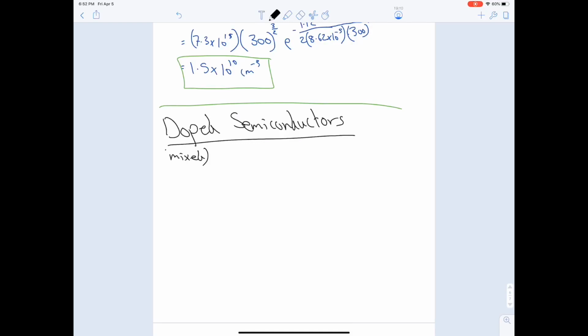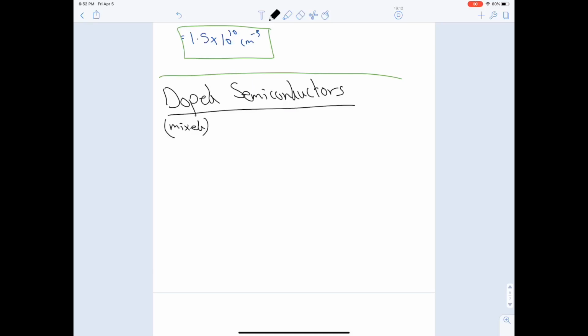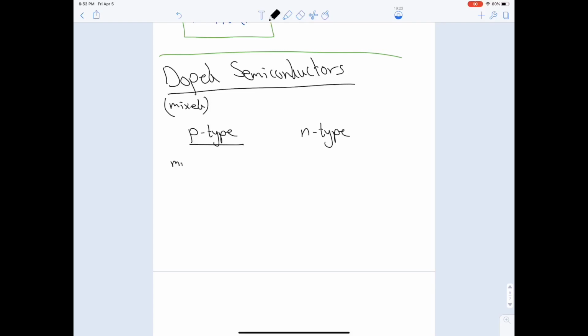We have two types of mixed silicon. We have a p-type and we have an n-type. P-type, how do we get a p-type? We mix it with boron. And how do we get an n-type? We mix it with phosphorus.